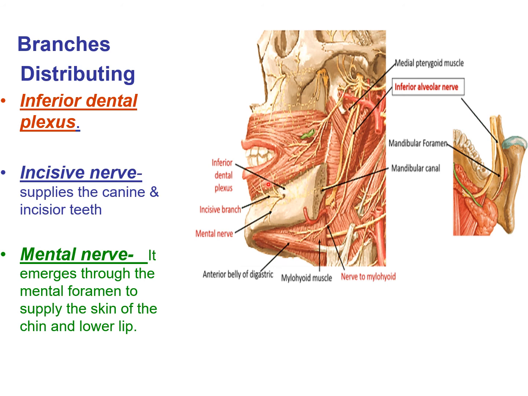The incisive nerve supplies the canine and the incisor teeth. The mental nerve emerges through the mental foramen to supply the skin of the chin and the lower lip.